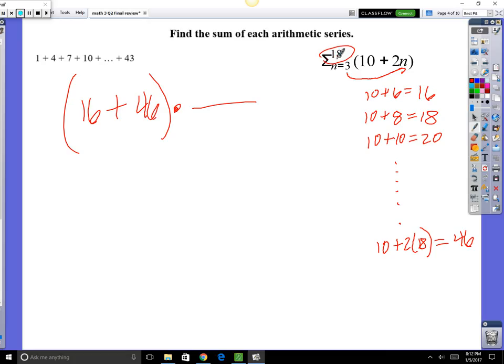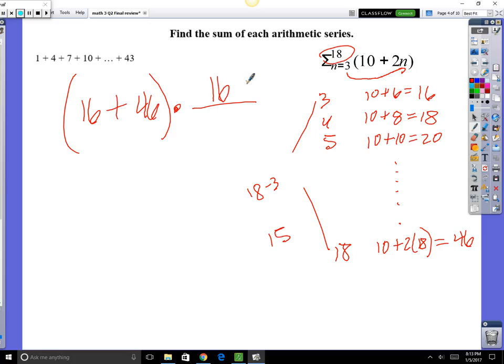And you went all the way from 3 to 18. So you plugged in a 3. This was 3. This was 4. This was 5. This was 18. So if you subtract 18 minus 3, that's 15. But it's not 15.